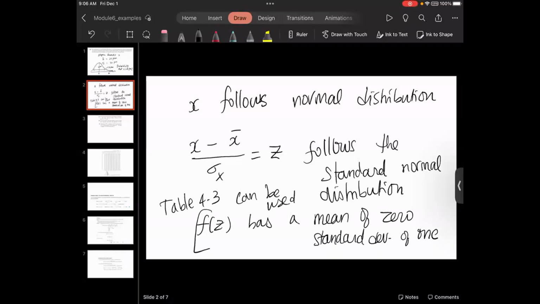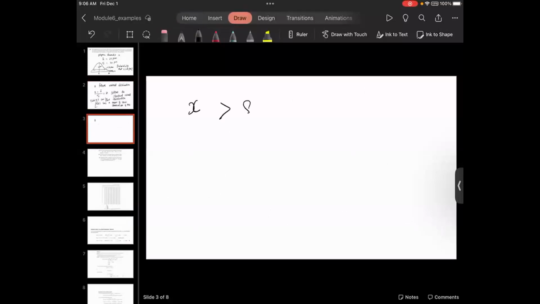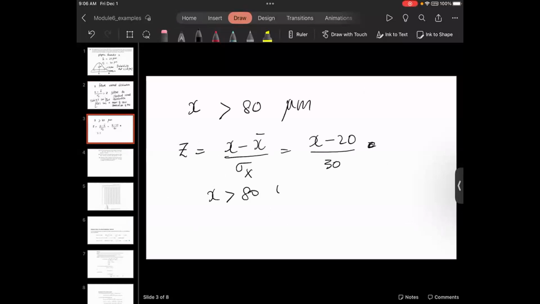So it is like saying X greater than 80 microns is the same as saying Z equal to (X minus X bar) divided by sigma X, which is (X minus 20) divided by 30. Wherever X appears, you need to substitute 80. So 80 minus 20 is 60, and 60 divided by 30 is 2.